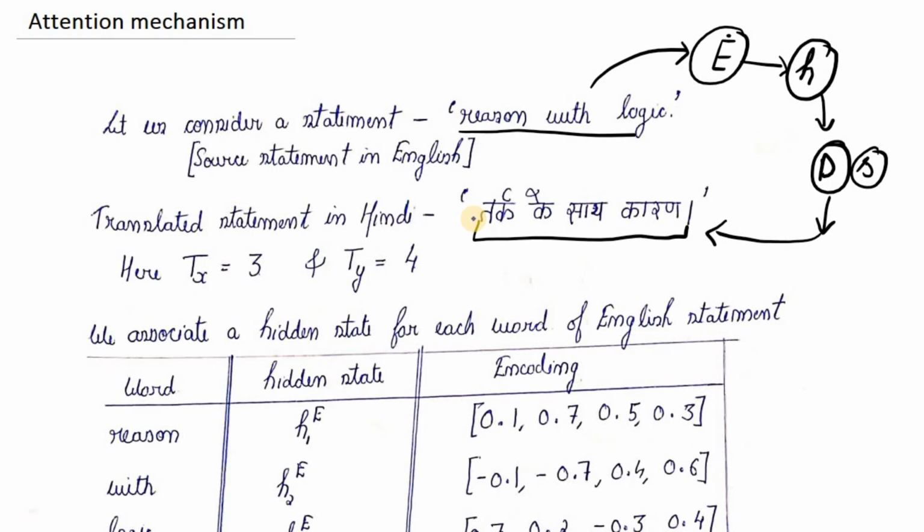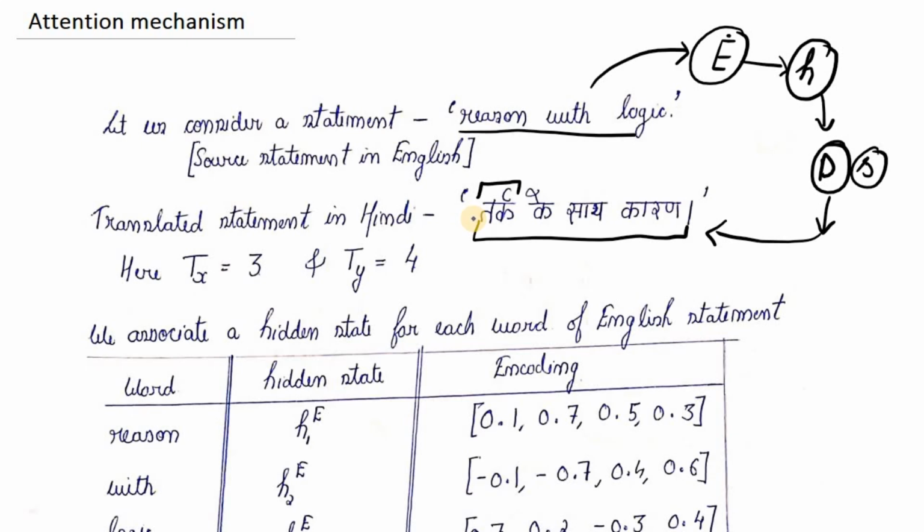While we do such a prediction, it might be possible that the relative words may not be aligned properly. For example, if I have to predict this first word, which is Tark over here, and I see the entirety of the three words, "reason with logic", "with" is not a direct translation to Tark.